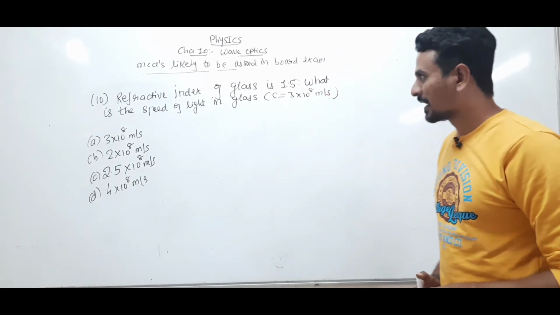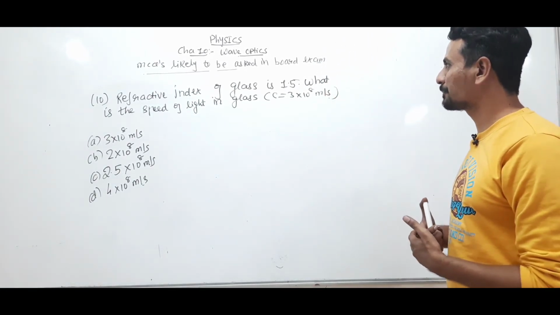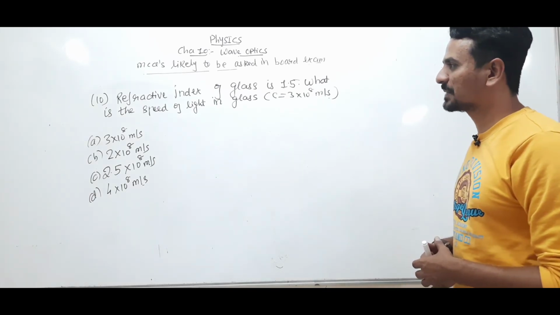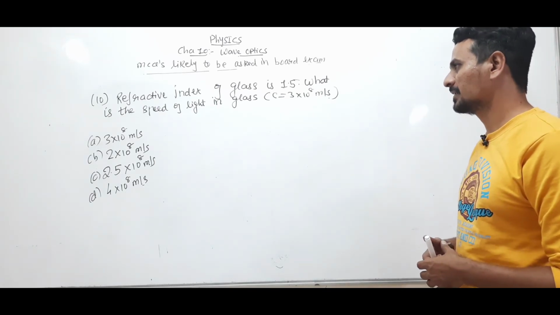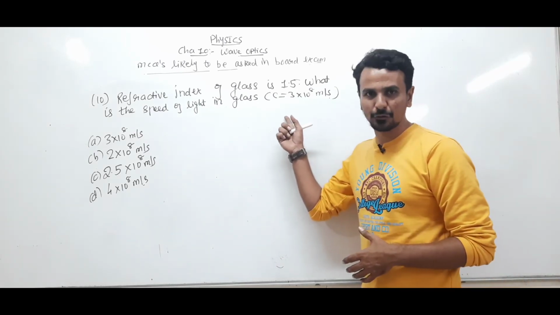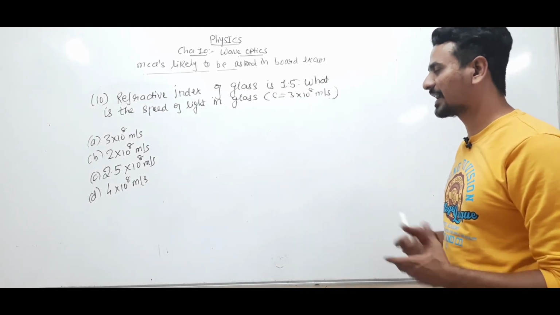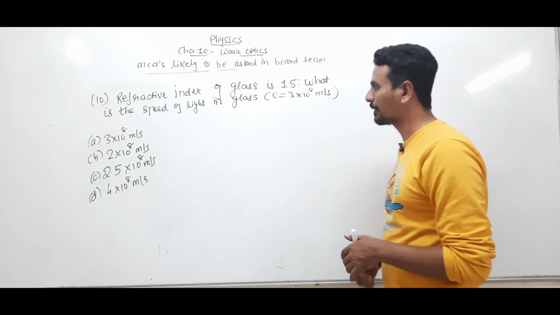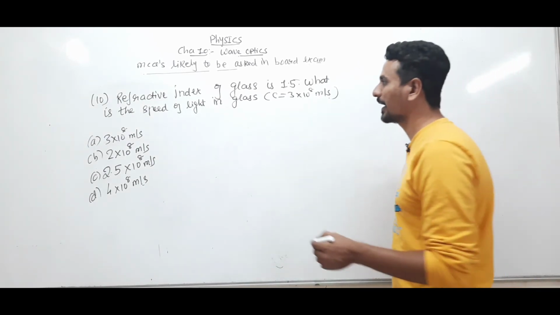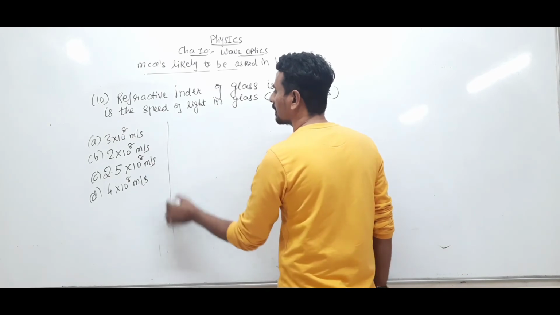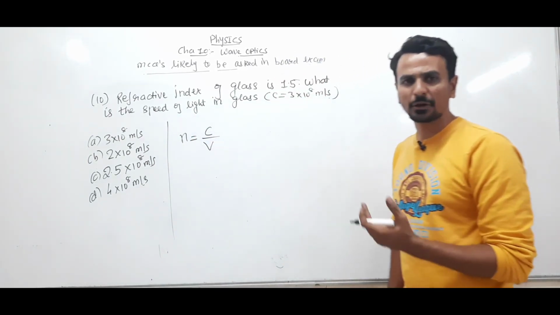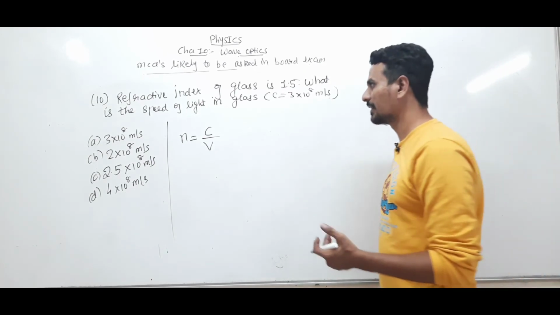10th one. Refractive index of glass is 1.5. What is the speed of light in glass? Speed of light in vacuum is given as 3 into 10 raised to 8 meter per second. Refractive index is equal to the ratio of speed of light in vacuum upon speed of light in any medium.